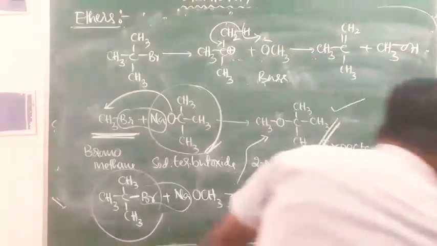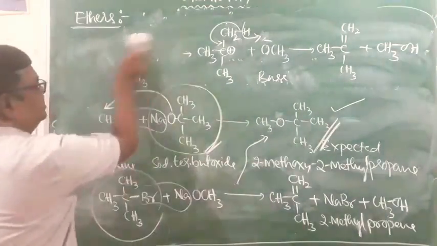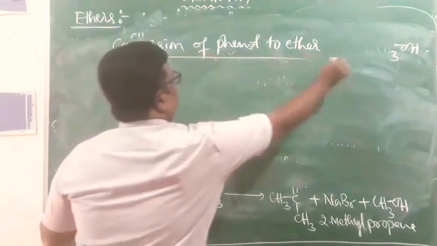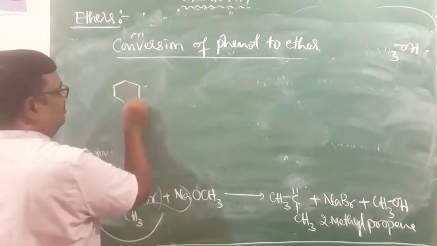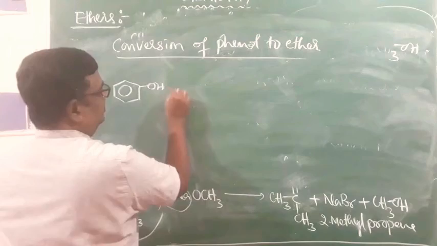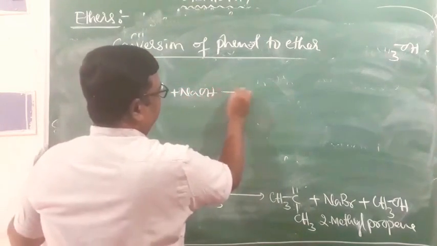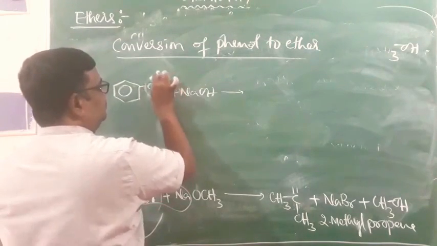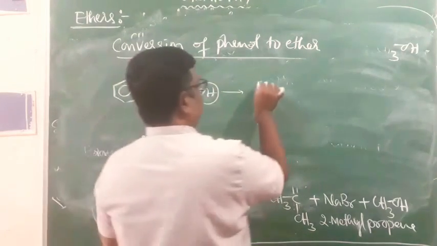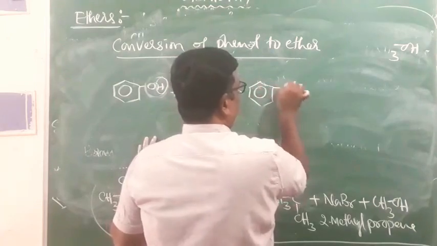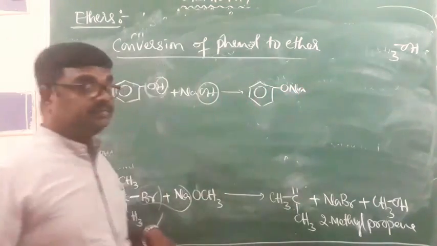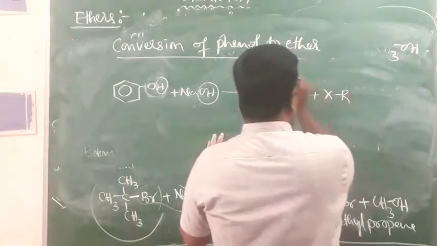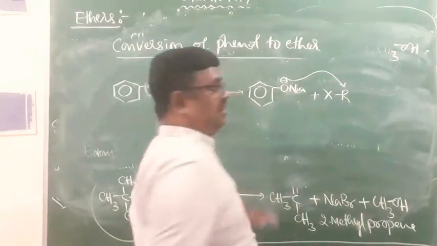Okay now, and of course even this Williamson's ether synthesis can be used for conversion of phenol to ether, right? Now I go for this phenol, and this is OH. When it reacts with sodium hydroxide, yen barutte? H plus from phenol and OH minus from sodium hydroxide, then you are going to get sodium phenoxide. So when it reacts with RX haloalkane, right?